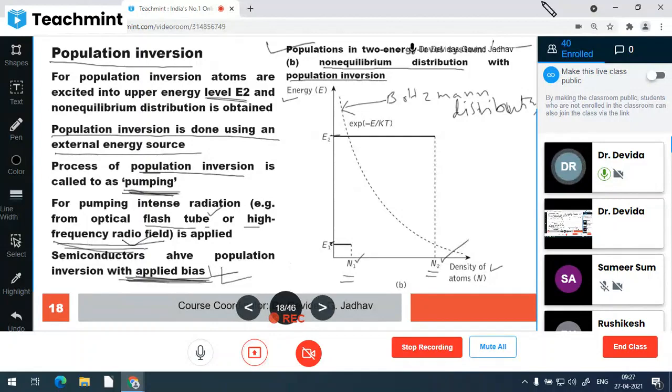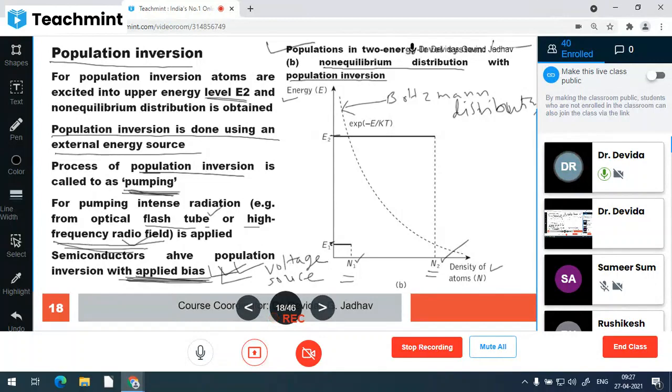But in case of semiconductors, population inversion is achieved with applied bias voltage. Only when we apply the bias voltage to the laser diode does population inversion take place. So pumping is due to a potential difference or external voltage source. In a semiconductor, pumping is due to a voltage source.